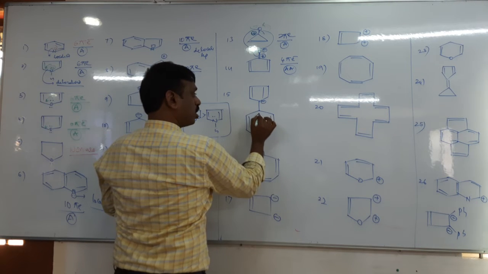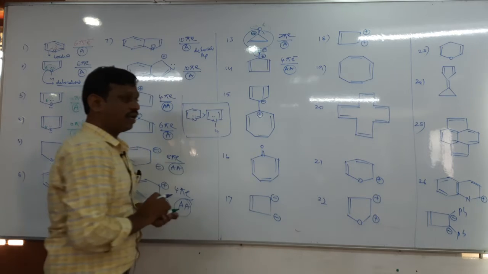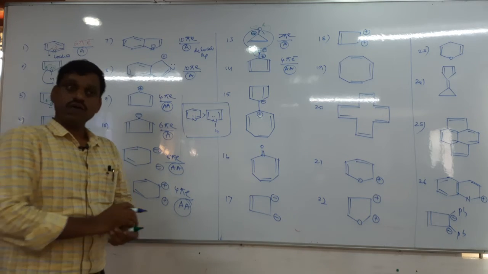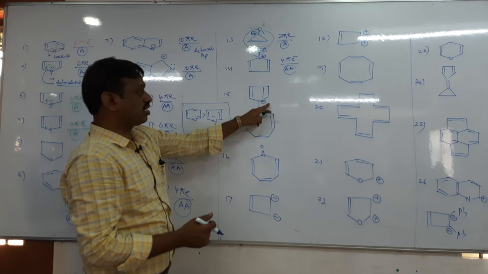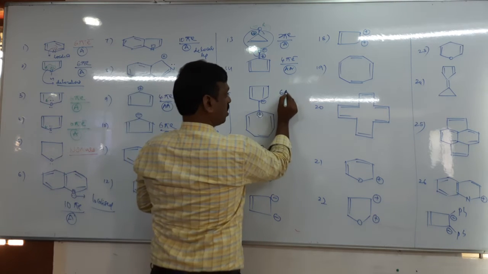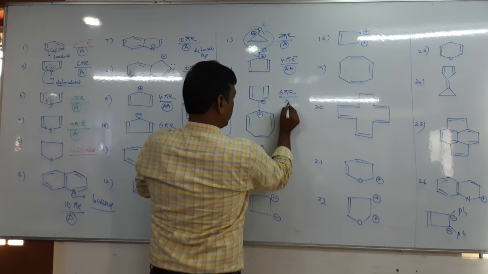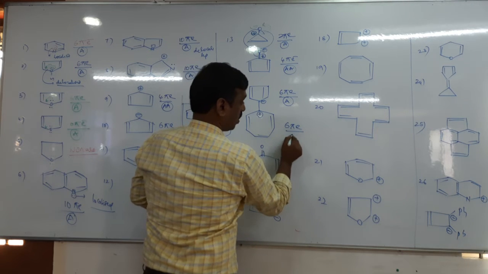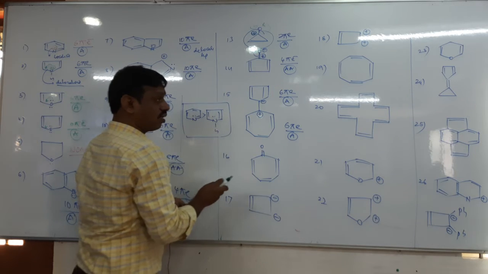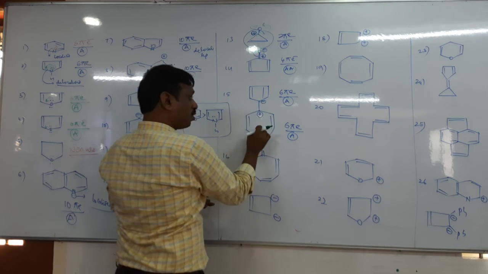This gets a negative charge, that gets a positive charge. Now tell me, aromatic or anti-aromatic? You see both. How many? 2, 4, 6. It is 6 pi electron aromatic. It is also aromatic. Suppose there is another possibility, the reverse.